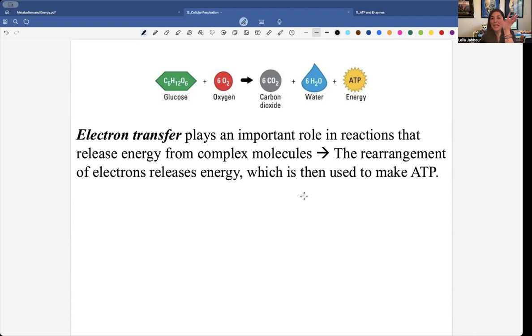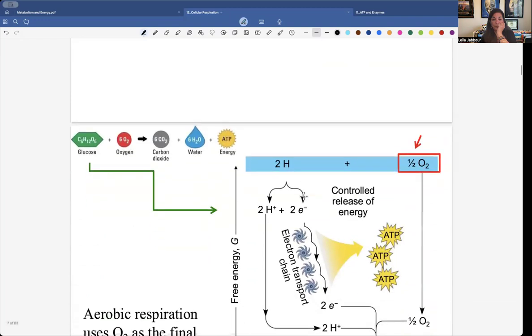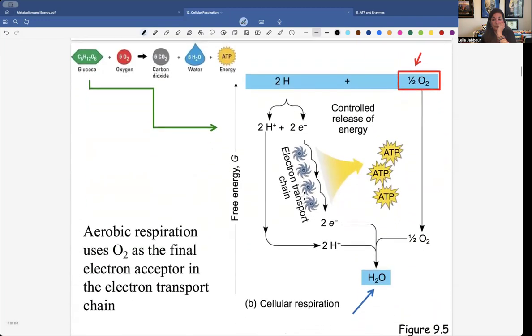So it's important to understand, what is an electron transfer? It's basically breaking bonds and reforming bonds, because electrons are involved in bonds. It's about an electron going from one molecule to another molecule. And during that electron transfer from one molecule to the next, there's actually a release of energy every time.